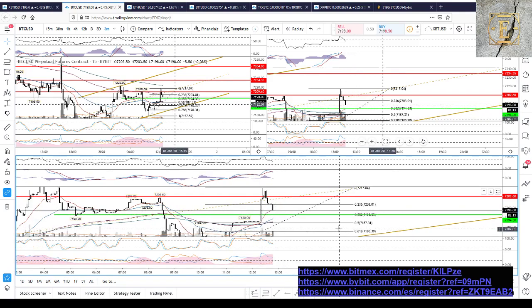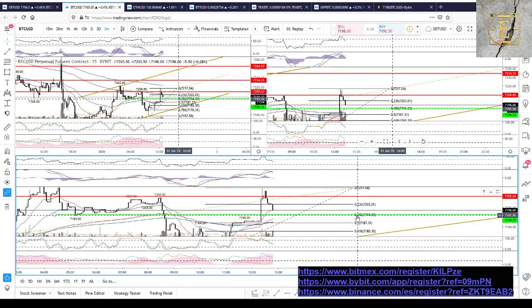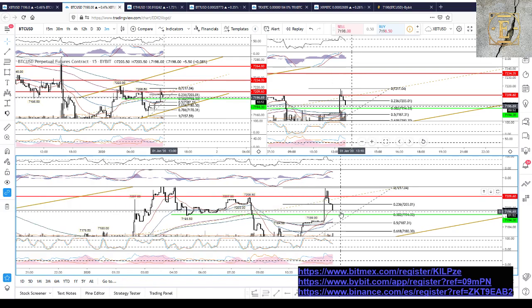I don't like this. This support is gaining strength. It was not acting as a resistance here, and now it's acting as a support.